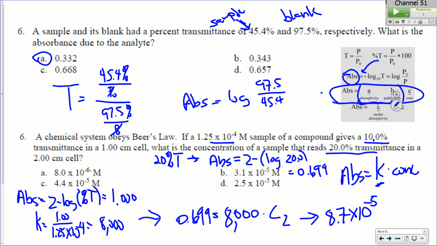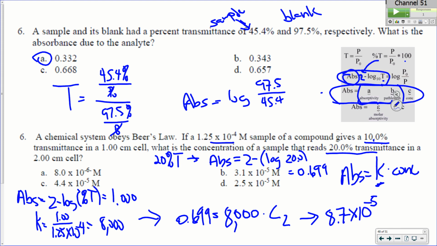Is the absorbance equals 2 minus log of percent T, is that like one of the equations? Yes, that's this equation. If you put it in terms of transmittance, it's the same thing. So multiplying it by the 100 is where the 2 comes in when you take the log. It's the same equation though.